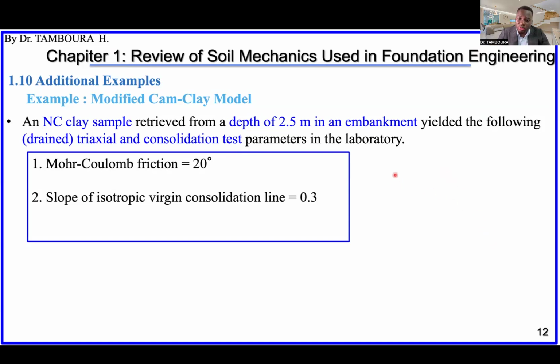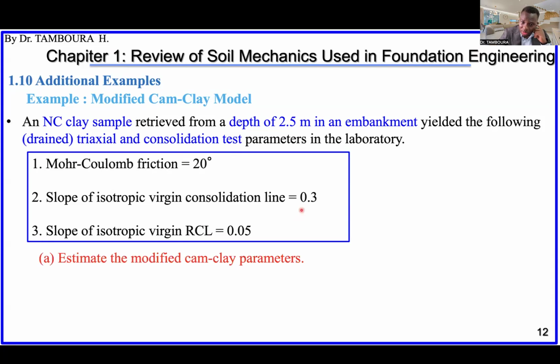We will show a figure describing this. This first line, the isotropic consolidation line, the slope is 0.3, and the slope of the isotropic recompression line is 0.05. Okay, so two lines, this one and this one.